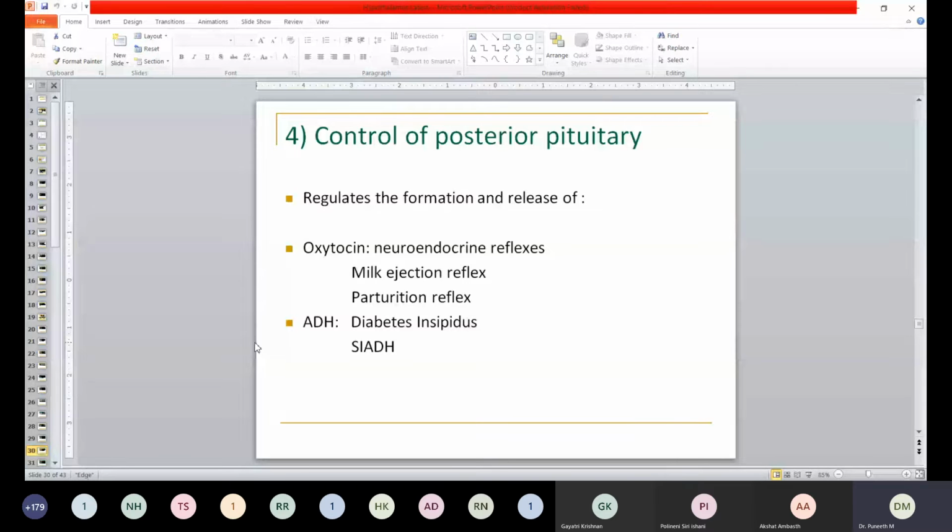The applied aspects are diabetes insipidus, where too much water is excreted, and SIADH, syndrome of inappropriate antidiuretic hormone secretion. That is, more and more ADH will be secreted in this particular syndrome. So the hypothalamus controls the release of these two hormones.